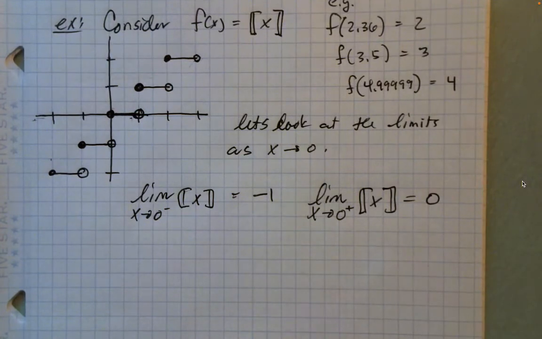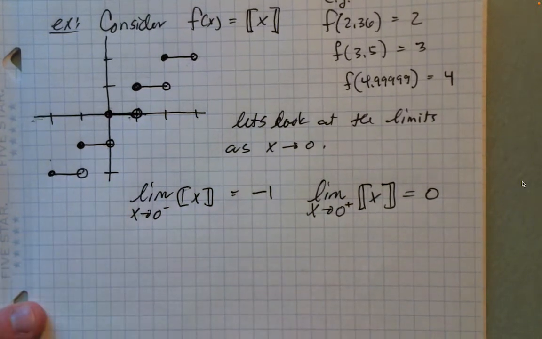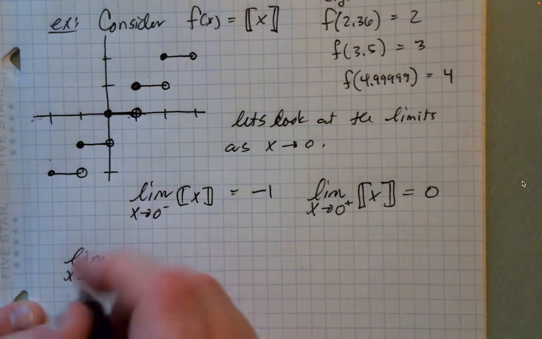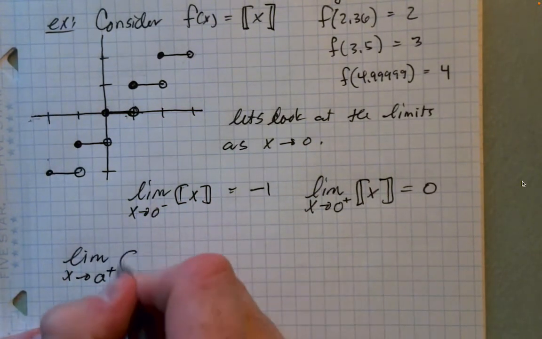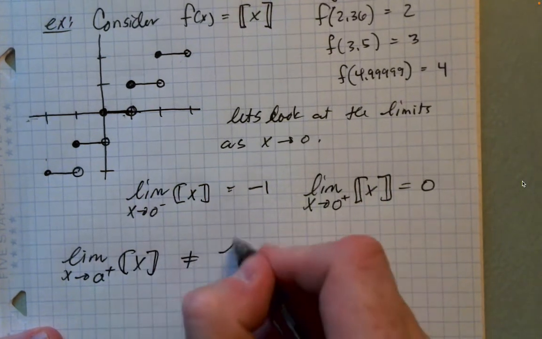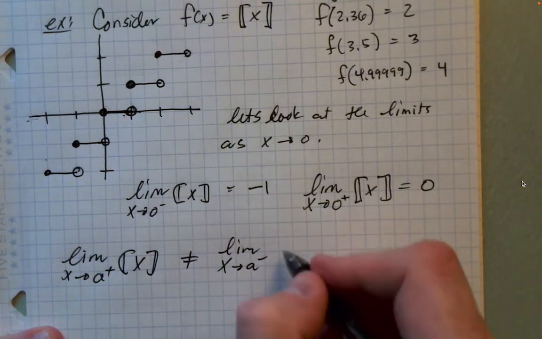So this function has a discontinuity at basically all the integers, and it's a non-removable discontinuity as well. What you can say is that the limit as x approaches a from the right-hand side of the function is not equal to the limit as x approaches a from the left-hand side of the function.